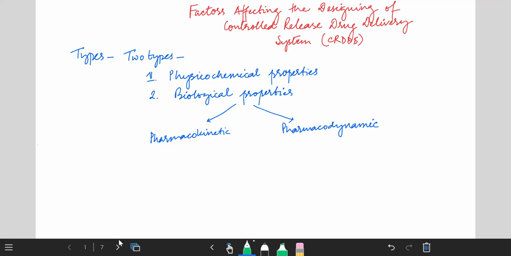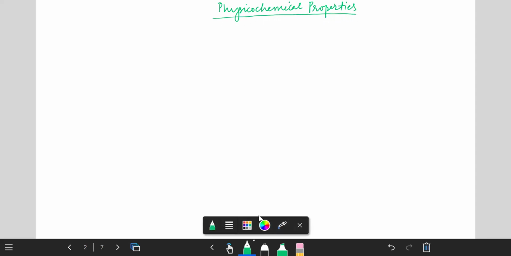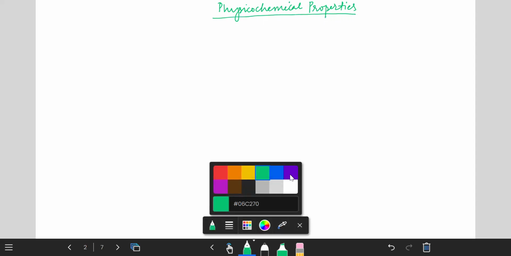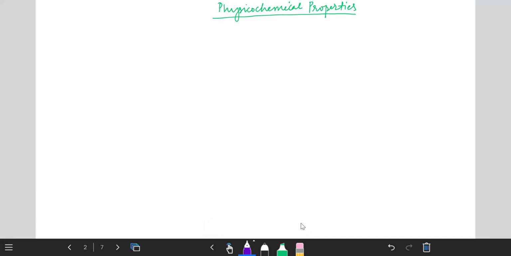Among the physicochemical properties, first we need to understand the molecular size.